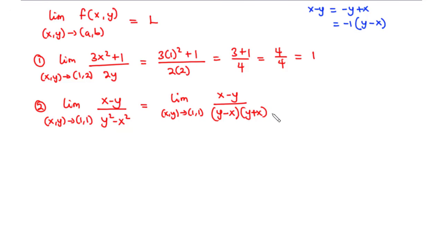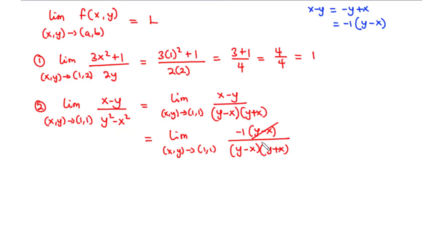So we have this equal to the limit as (x, y) approaches (1, 1) of the function negative 1 into brackets (y minus x) divided by (y minus x)(y plus x).